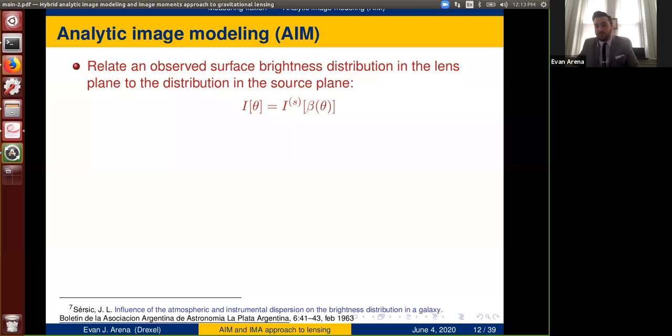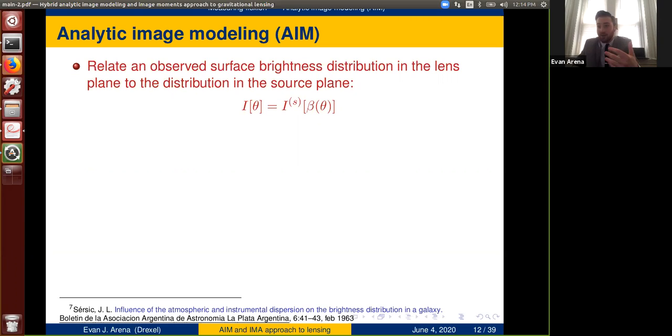The other method, analytic image modeling, takes advantage of the fact that gravitational lensing conserves surface brightness. So we can directly relate an observed surface brightness distribution in the lens plane to a distribution in the source plane. The idea of this method is that while the source plane is unobservable, we do know what galaxies are supposed to look like.